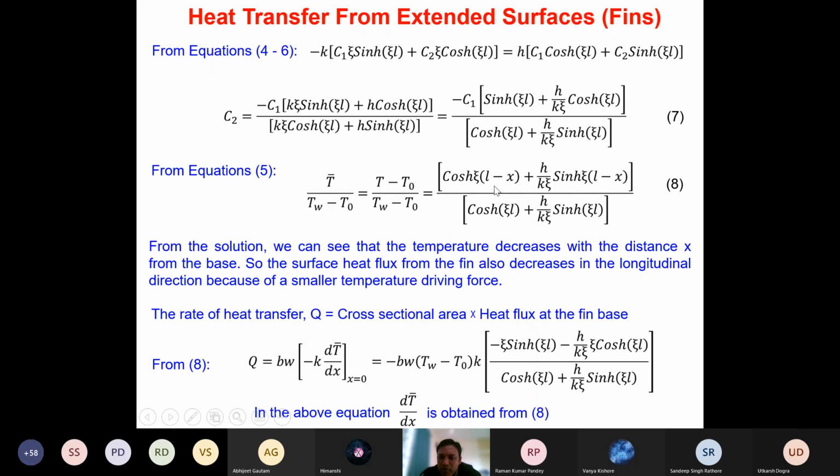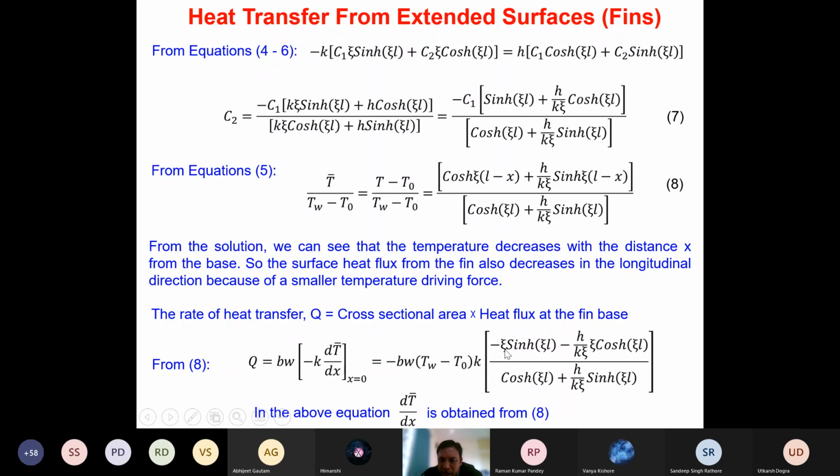If I differentiate the numerator with respect to x, what am I going to get? Minus, okay, cosh zeta (L minus x) is there. So this zeta is there, isn't it? So minus zeta sinh again. Okay, so this differentiation we have to carry out, and then we can put x equals to 0.